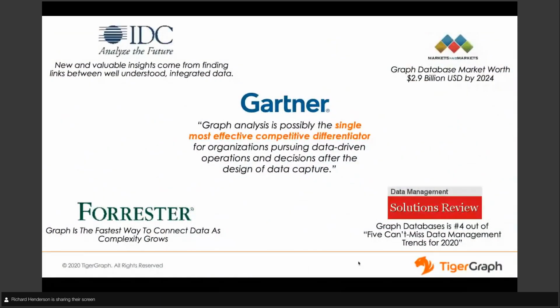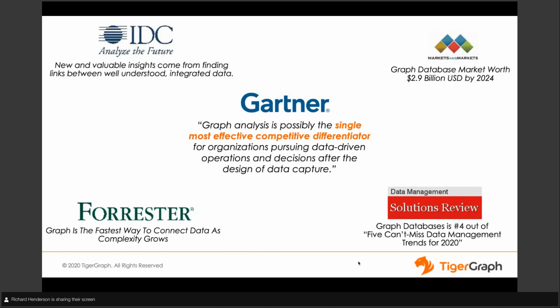So first slide: it's not only us who think that this is going to be a big deal. Gartner has been very strong in talking about how graph analytics is something that people should be looking at to get to the next level in terms of their data analytics and big data processing requirements.